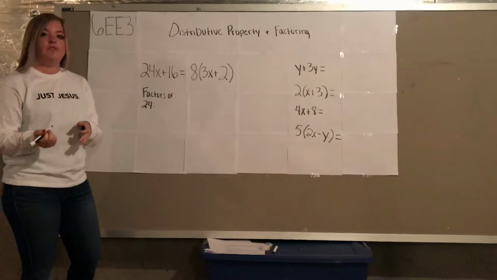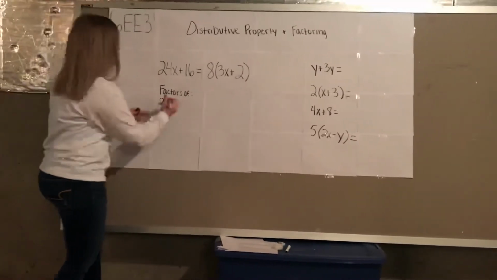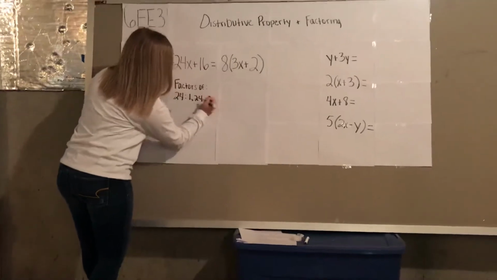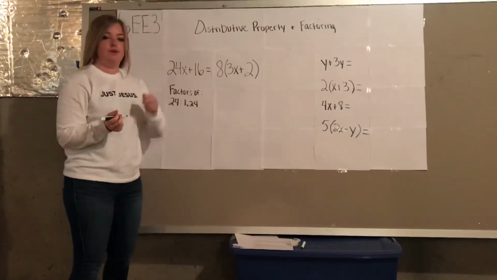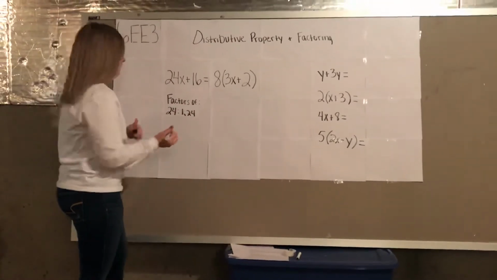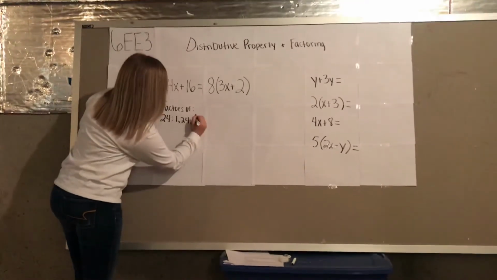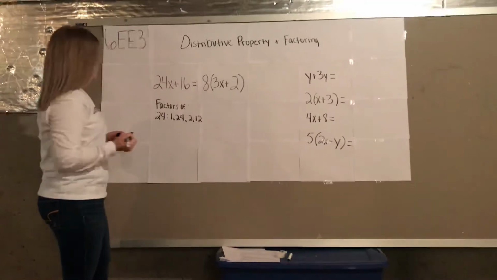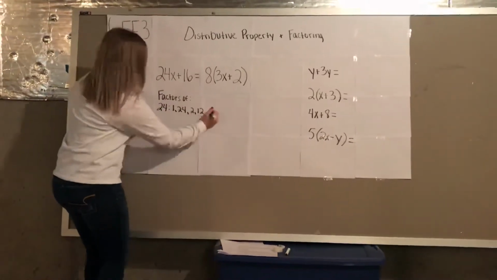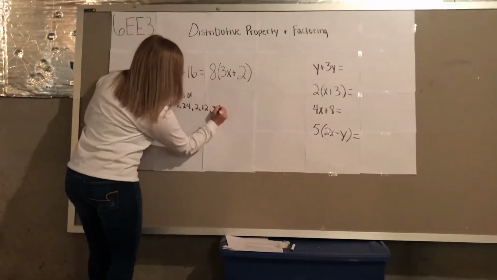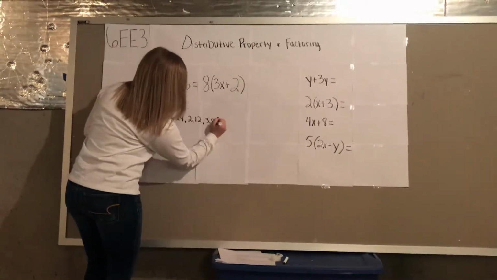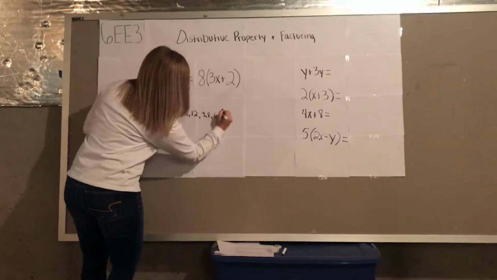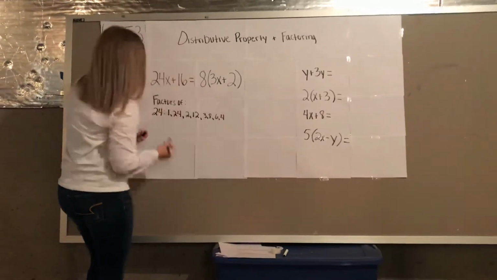The first obvious choice is going to be 1 and 24, because every number can be multiplied by itself, or by 1. The second would be 2 and 12, because 2 times 12 equals 24. And then the next one would be 3 times 8, which equals 24. And then 6 times 4.